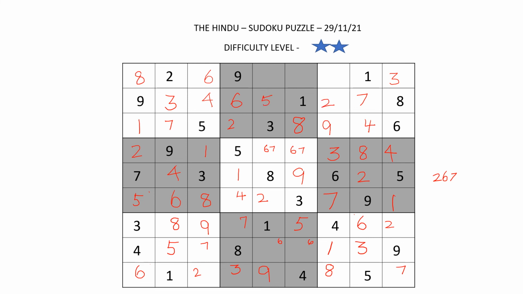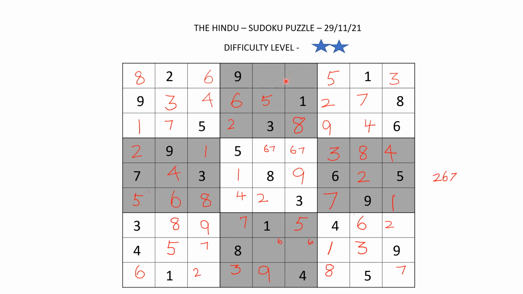Only one number missing in this column, and it is 5. So let's fill this with 5. And there are only two missing numbers in this row, which are 4 and 7. We already have a 4 in this column.